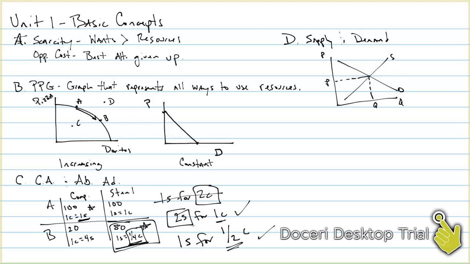One, anytime the price is set above the equilibrium, we'll call it P1, that creates a surplus where the quantity supplied is greater than the quantity demanded. And a surplus happens anytime something is too expensive.